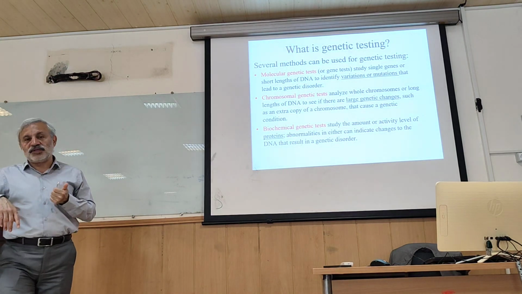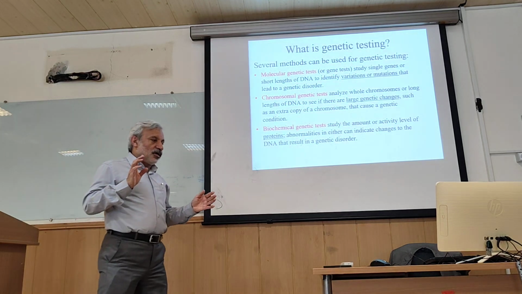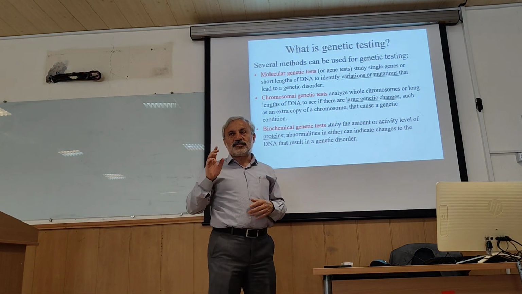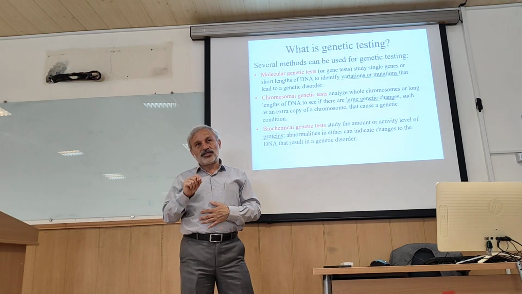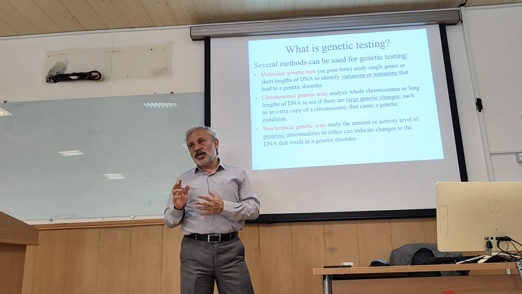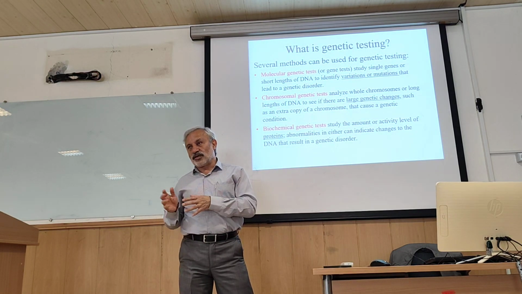Molecular genetic test means when we have DNA, when we say DNA, T, C, G, A, C, T, and we have a mutation which causes a disease, which causes a disorder, and so on.